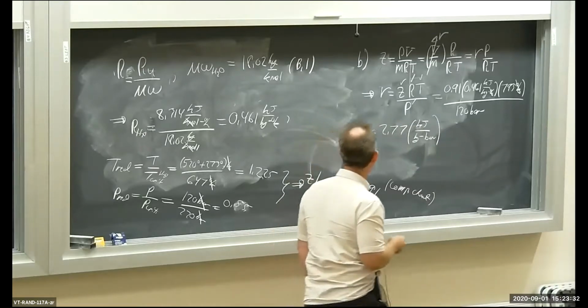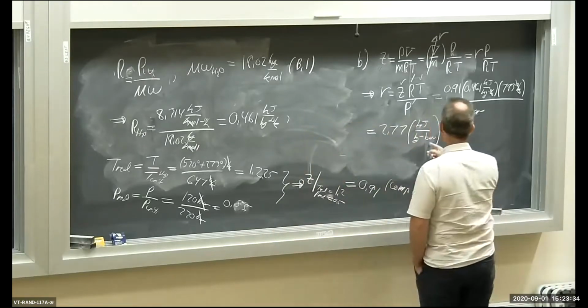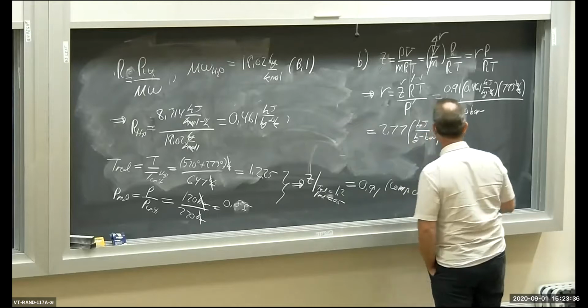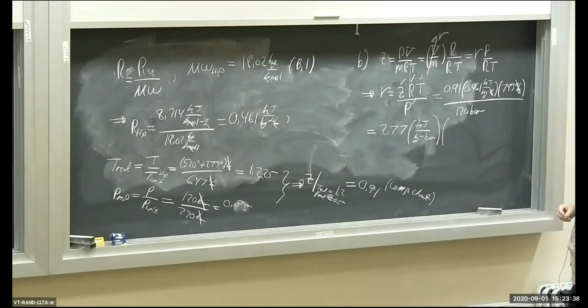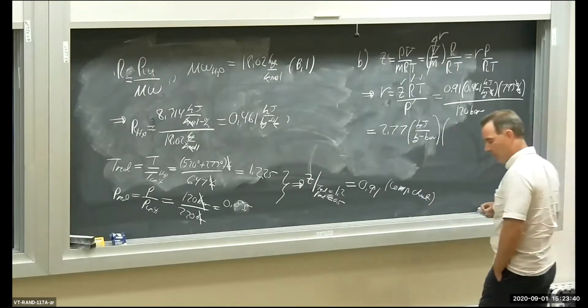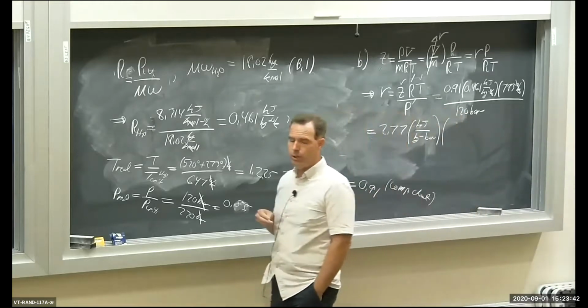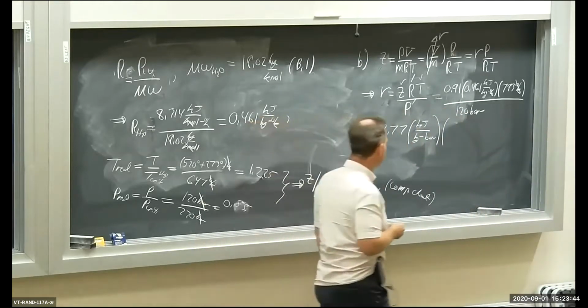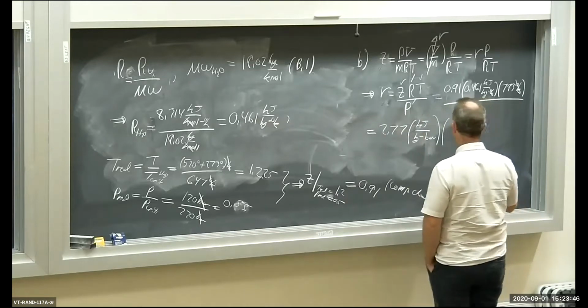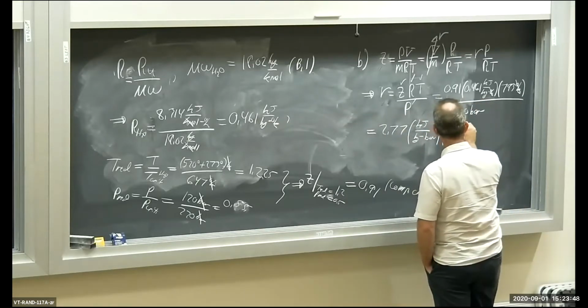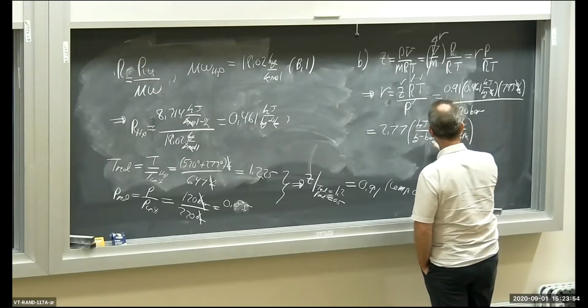Well, first let's get out of the bar and get into kilopascals. There are 100 kilopascals per bar, so 1 bar equals 100 kilopascals. So the bars will cancel out.